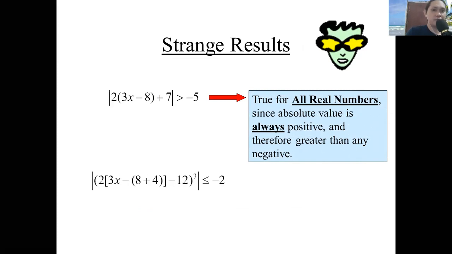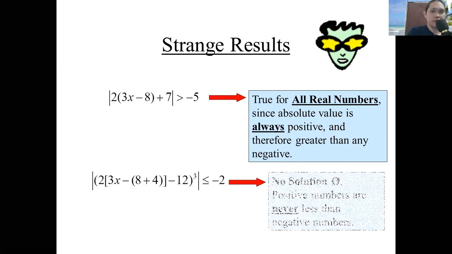So what about this one? 2 times the quantity of 3x minus the absolute value of 2 times the quantity of 3x minus 8, plus 4, minus 12, quantity cubed, less than or equal to negative 2. So this is so strange that there is no solution. Why? Because positive numbers are never less than negative numbers. I want to highlight this one.